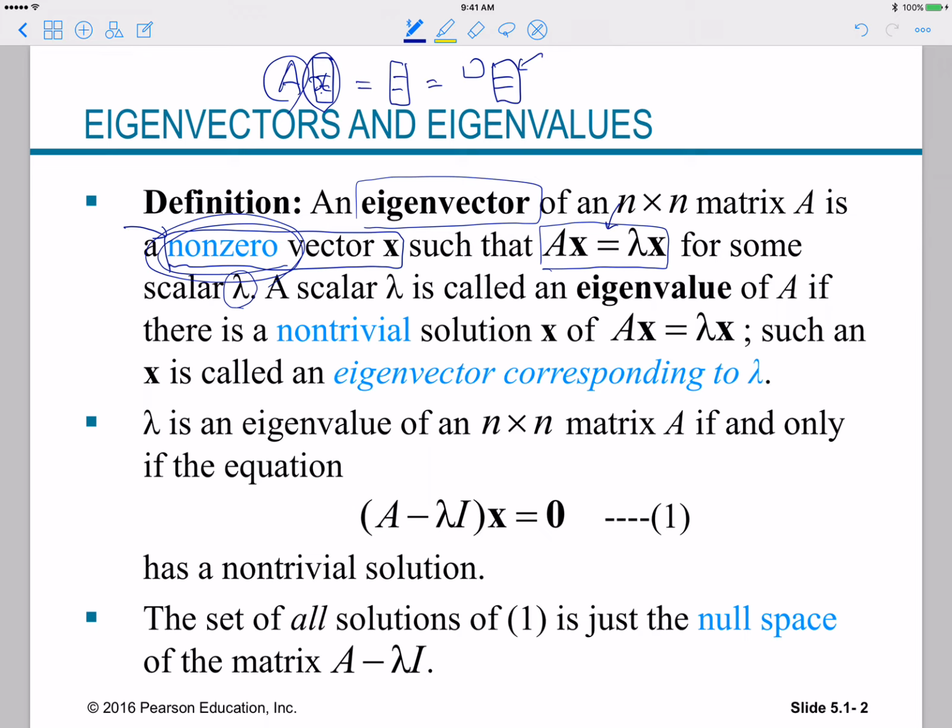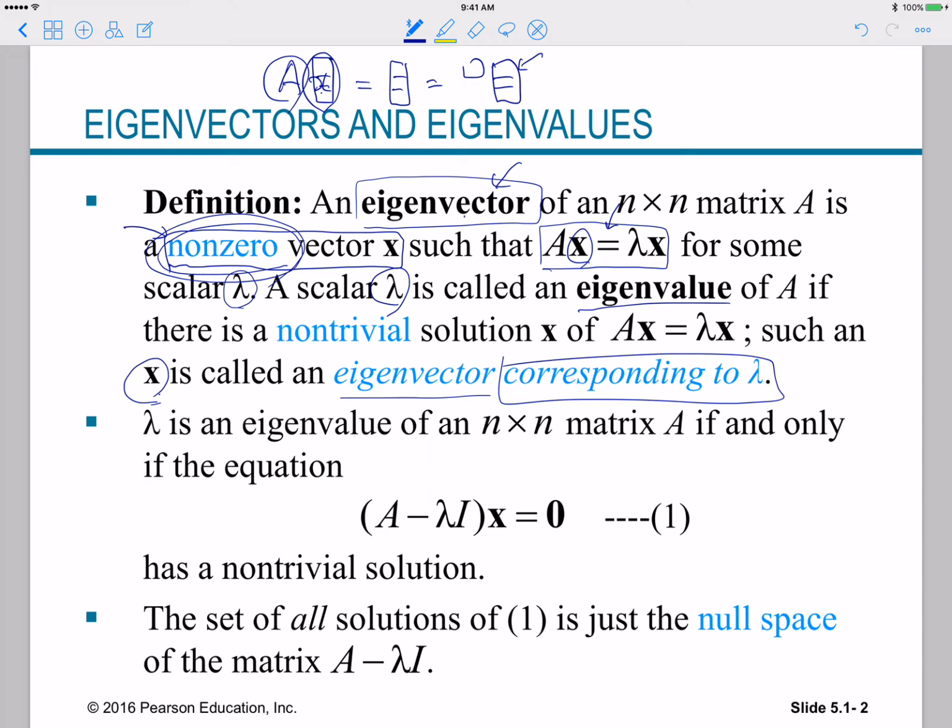So that is an important part. In this equation, x is called the eigenvector and lambda is called the eigenvalue. The vector x is called the eigenvector corresponding to lambda.